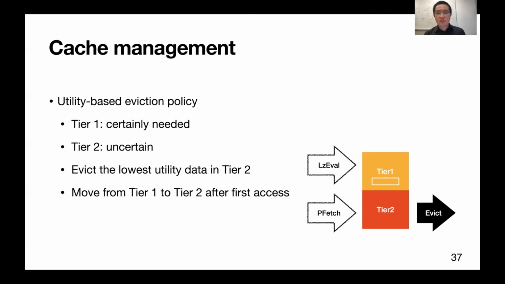When the cache is full, we always evict the lowest utility data in Tier 2. However, for remote data in Tier 1, after it is first accessed, we move it to Tier 2. This is because after the first hit, we are not sure whether this remote data will certainly be needed anymore.